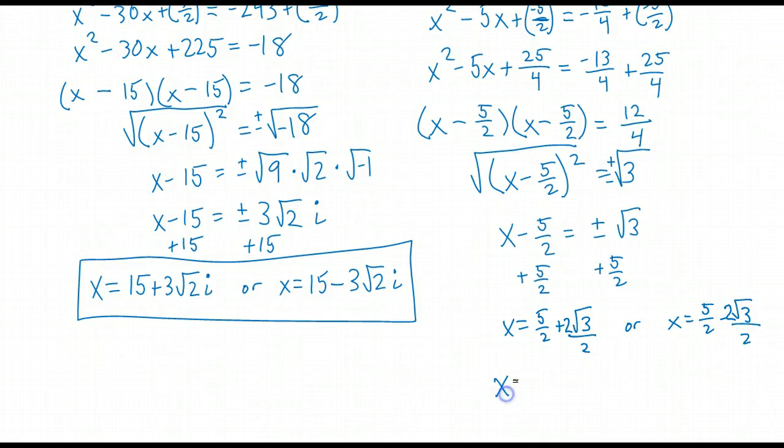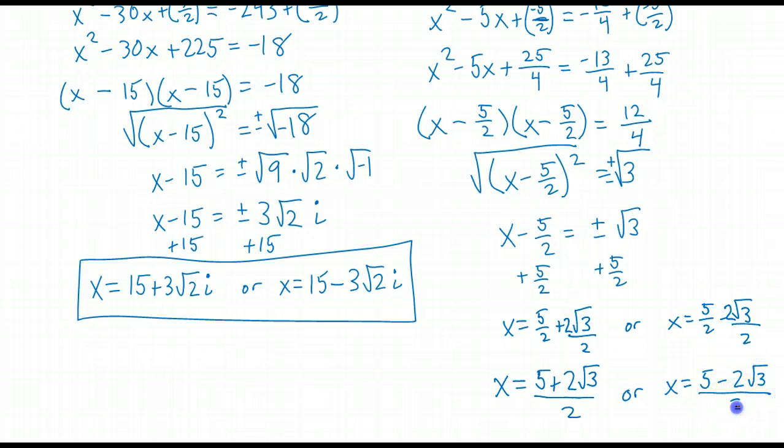So I could rewrite my answer as 5 plus 2 square roots of 3 over 2, or 5 minus 2 square roots of 3 over 2. Either answer would be acceptable.